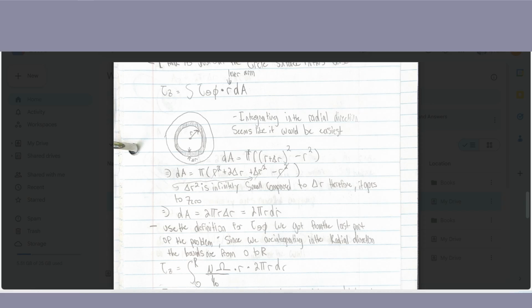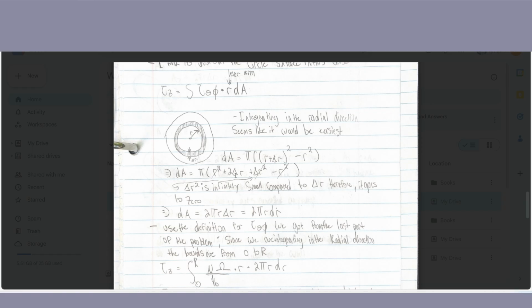Using the area of a circle, pi r squared, you're doing the larger circle minus the smaller circle in the middle. So you get this, and the delta r squared cancels out because delta r itself is an infinitely small value, because that's how integration works.